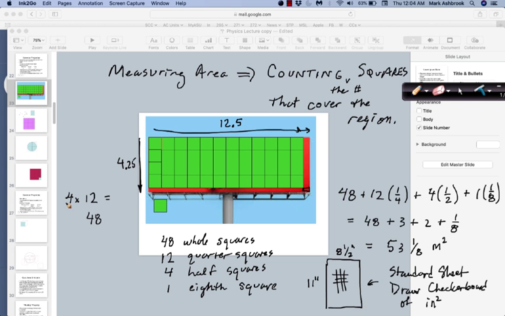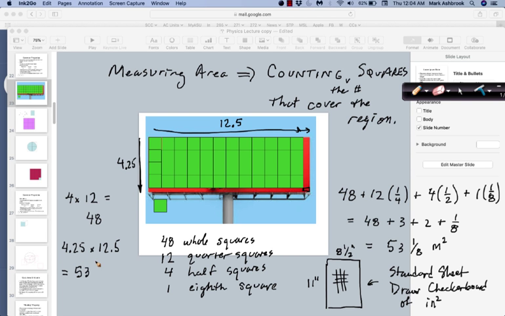And we can use the same idea of multiplying 4 by 12. That would be this, what I'm showing in green right now. To get the whole billboard, including that extra little red there, we can do 4.25 times 12.5. And that's still counting up the total number of squares it would take to cover up the whole billboard.